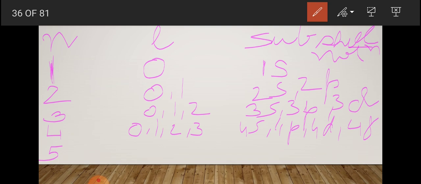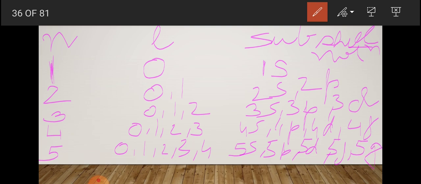Value of L will be 0, 1, 2, 3, 4. And subshell notations will be 5s, 5p, 5d, 5f, 5g. Thus, we conclude that 1p, 2d, 3f, etc. subshells are not possible.